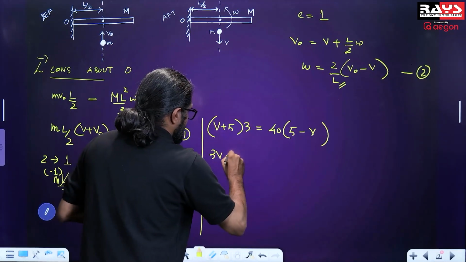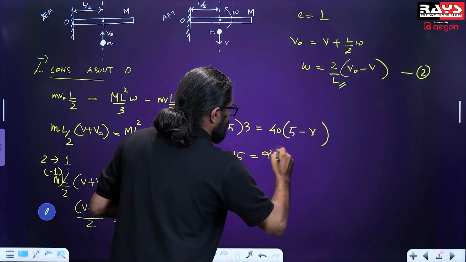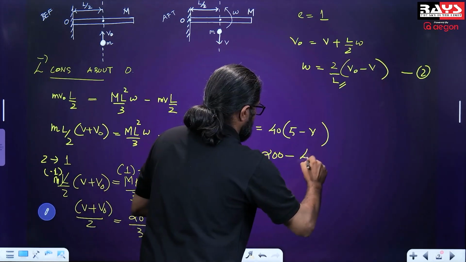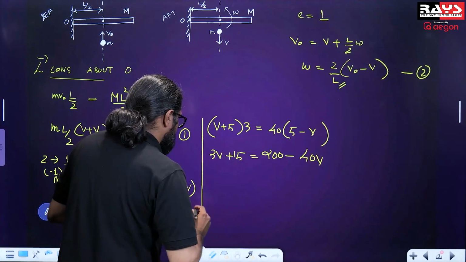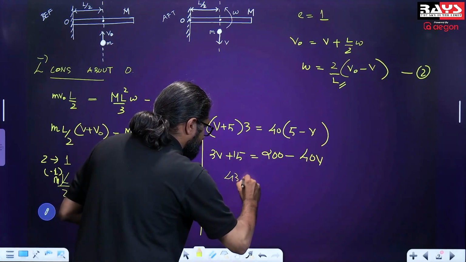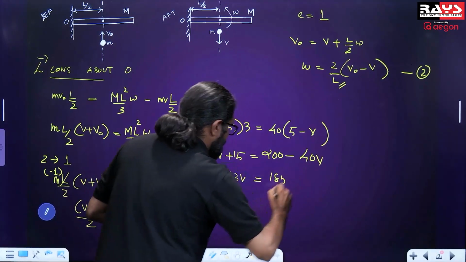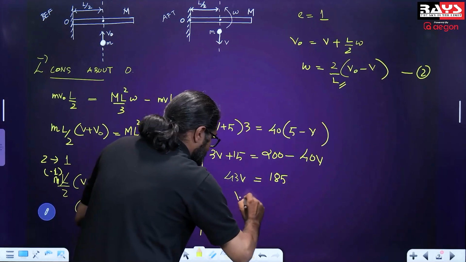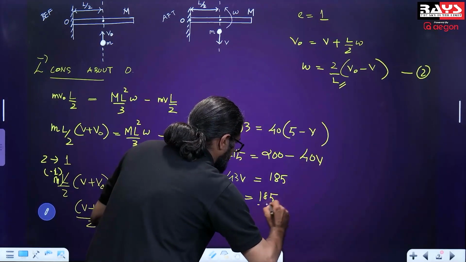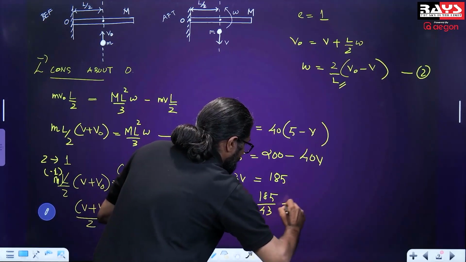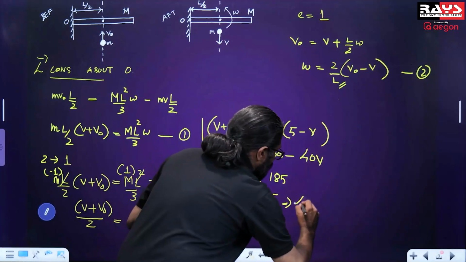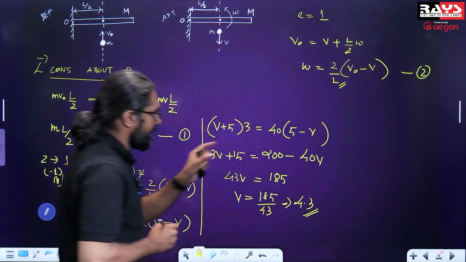It's 3v plus 15 equal to 200 minus 40v, which amounts to 43v equal to 185. You divide this, and v will be simply 185 divided by 43, which is approximately 4.3, slightly more than that.